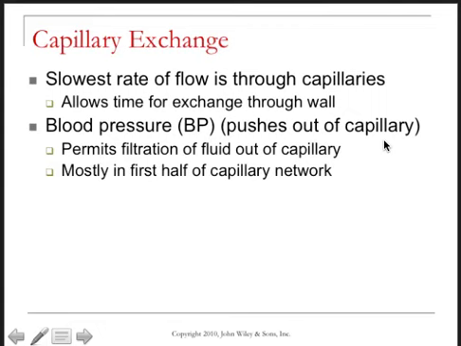A nice way to remember this is that water chases solutes. So where electrolytes go, where protein goes, where solutes go, the water will follow. So remember that in the blood plasma, you have electrolytes, you have proteins, you have dissolved gases, and all of these are going to exert an osmotic pressure.